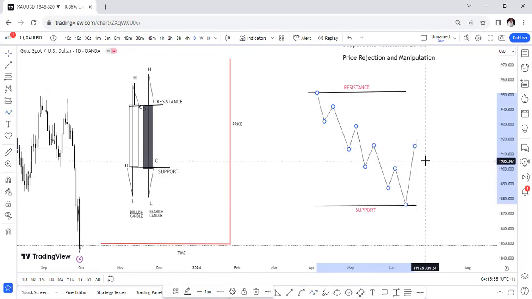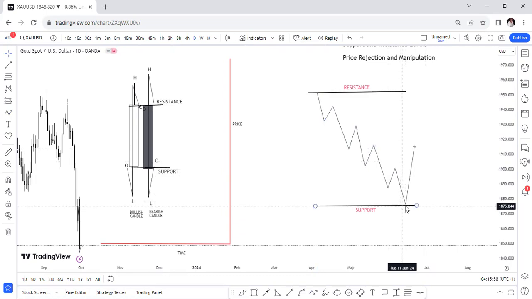So this particular place where it bounces off this level, this is what we call the price rejection. Price rejects, sellers reject the lower price.